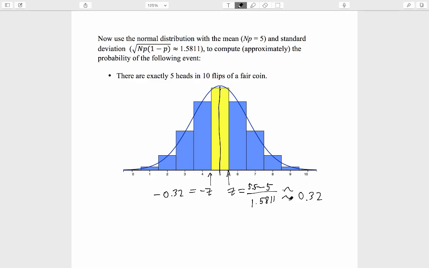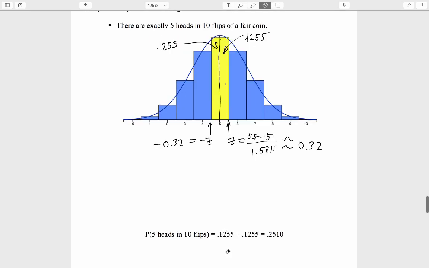In terms of the normal distribution, that has a certain probability. This sliver to the right of the mean, but still painted yellow, has probability 0.1255. When I go look up z equals 0.32 in the table, I obtain 0.1255, which means that the other side of the yellow rectangle, this sliver to the left of the mean, but still painted yellow, also has probability 0.1255.